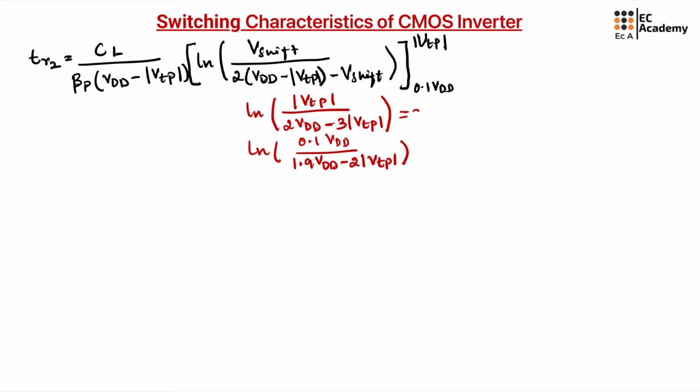So if we take this as x and if we take this as y, ln x minus ln y will be equal to ln x by y.